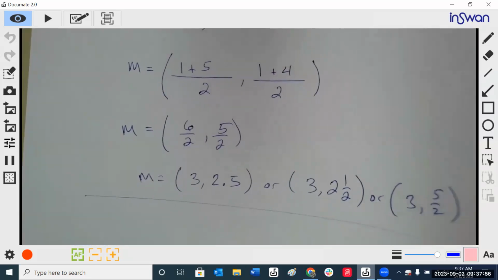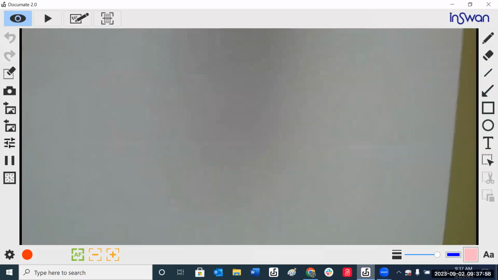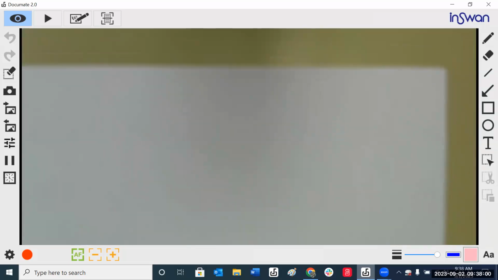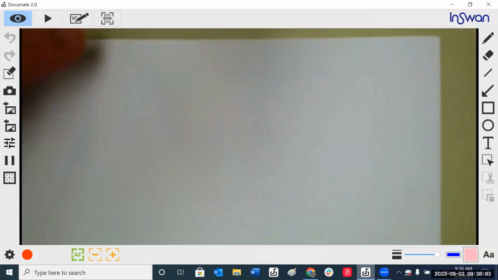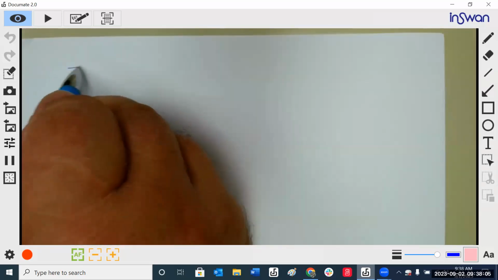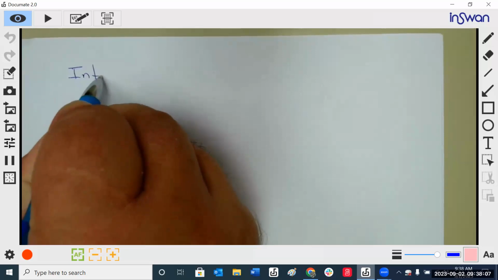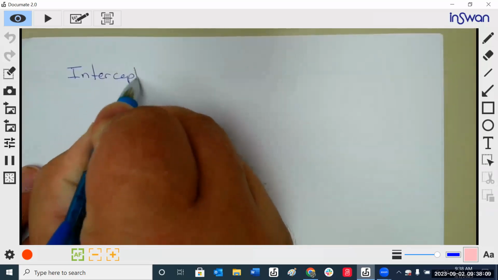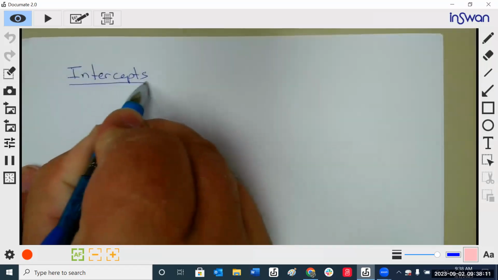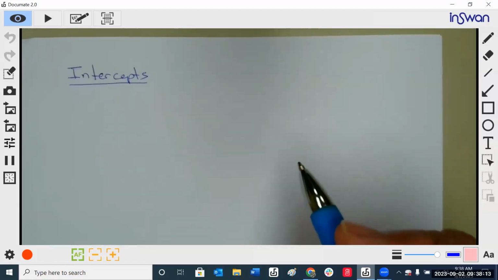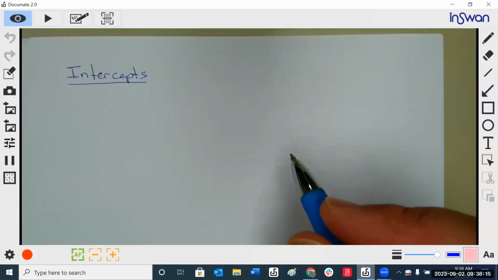Let's talk about intercepts. What is an intercept?